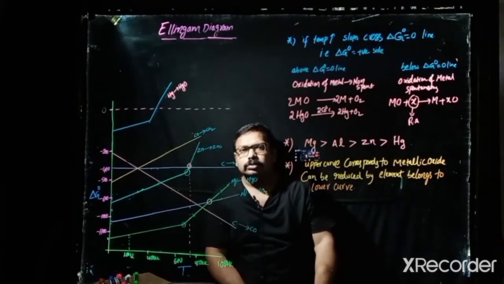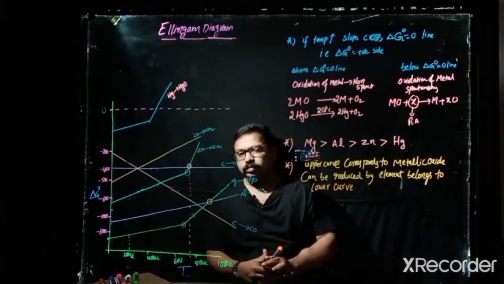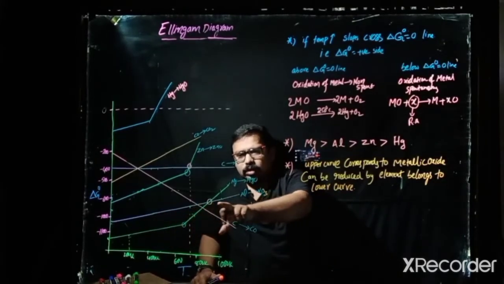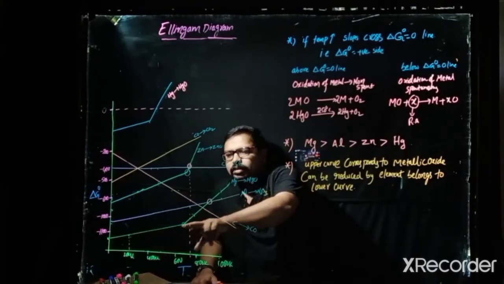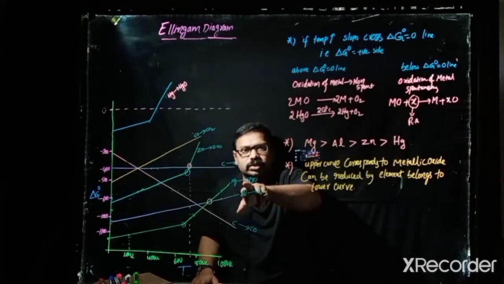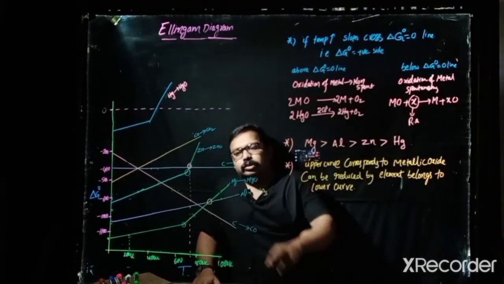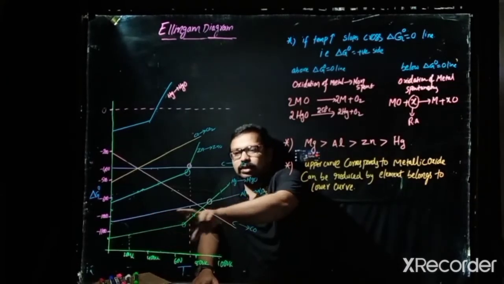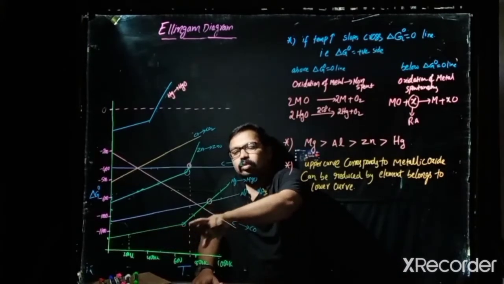What is its meaning? This is the aluminum oxide curve, and this is the magnesium oxide curve. According to this Ellingham diagram, the aluminum oxide curve is on the upper side and the magnesium oxide curve is on the lower side.